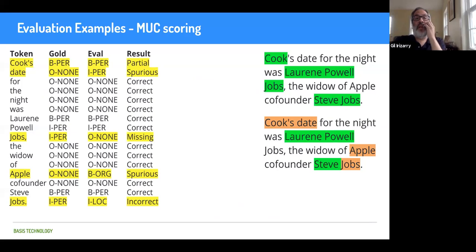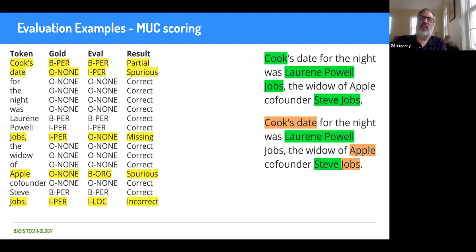Okay, and now MUC scoring, basically very similar. We're going one by one here. They established a taxonomy for how you evaluate the token. B is beginning, the beginning token of a person. Now, just to make this very simple, I cut out only one sentence. Imagine there's a gold standard on the top, and the bottom is what the tool is doing.